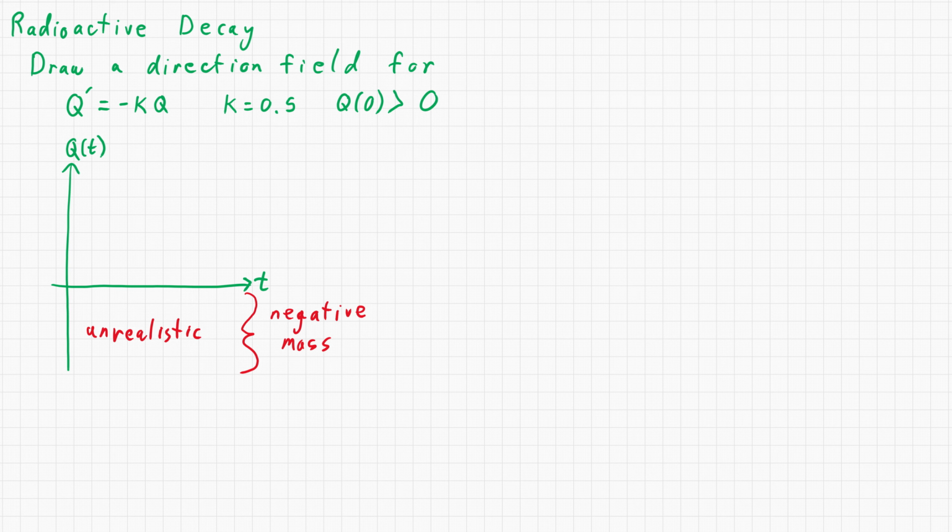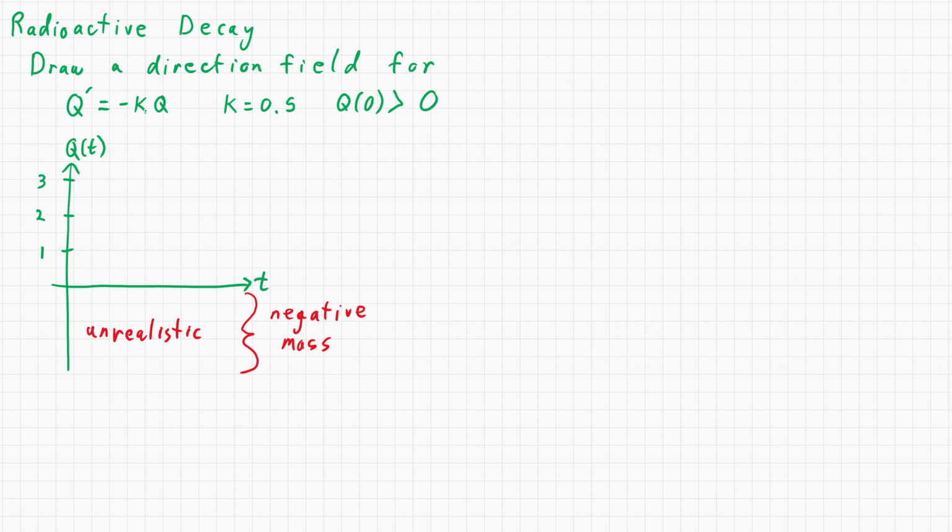So we're only going to focus on the direction field up here. So let's go and do this. Let's do 1, 2, 3, and let's start drawing the direction field.